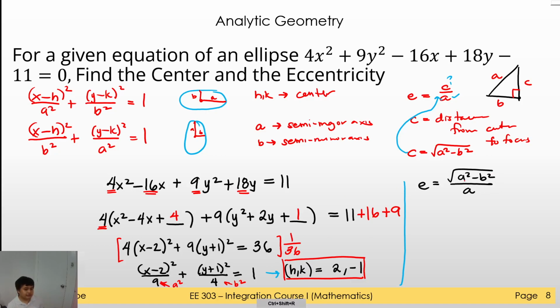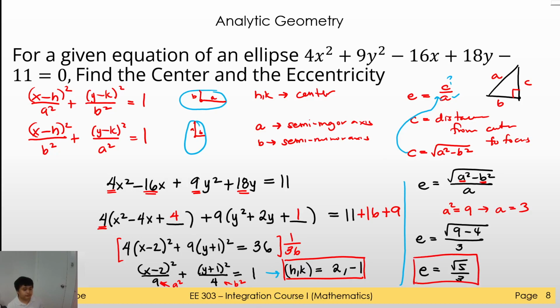So A squared is equal to 9. Therefore, A is equal to the square root of 9, which is 3. So the eccentricity here will be the square root of 9 minus 4, over 3. That will be equal to square root of 5 over 3. So that will be your answer. Approximately, this is 0.745.